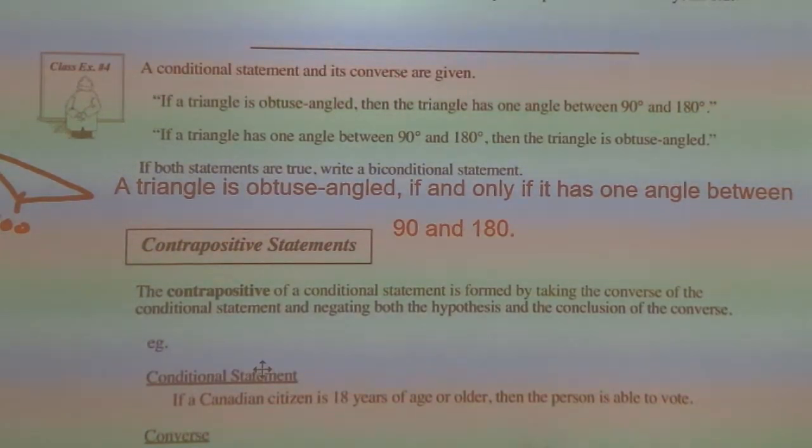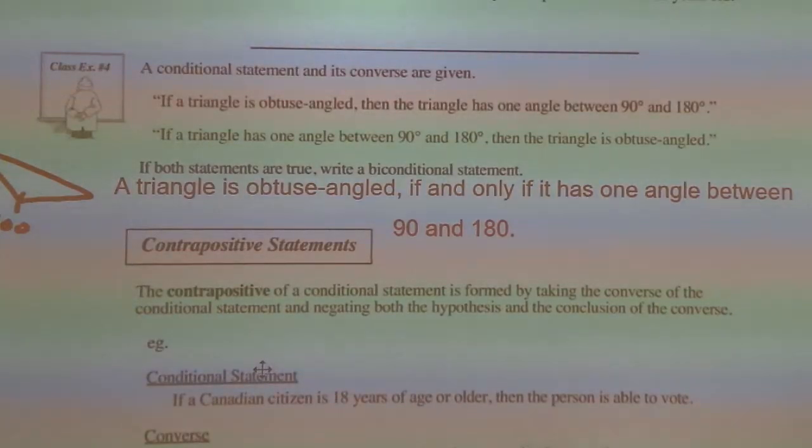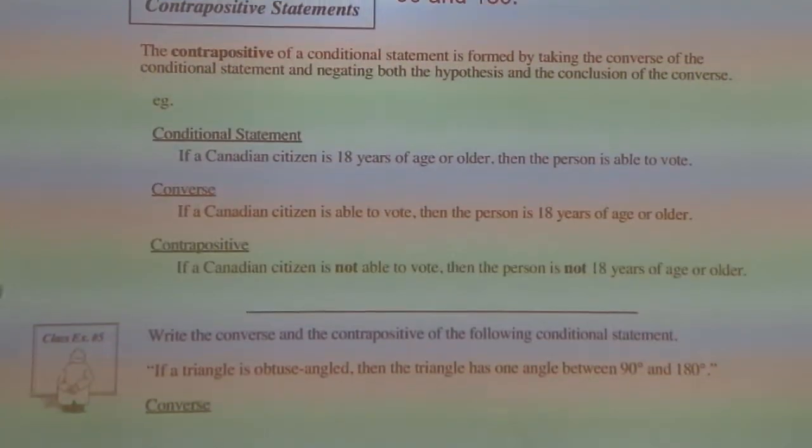Then we have contrapositive statements. So the contrapositive of a conditional statement is formed by taking the converse and then negating both the hypothesis and the conclusion of the converse. So, start off with your conditional statement. If a Canadian citizen is 18 years of age or older, then the person is able to vote.